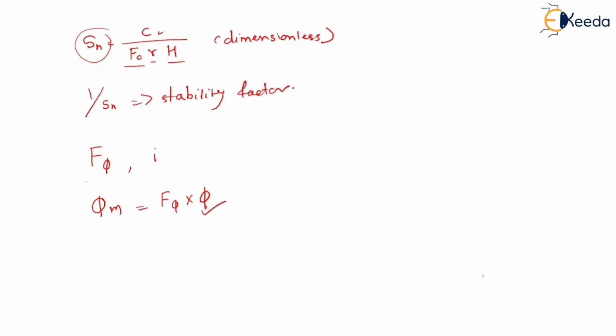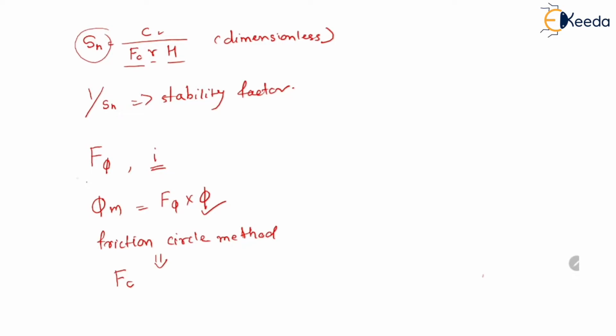Then he performed the analysis on the slope which is inclined at an angle i by the friction circle method, and then he obtained the value of Fc, that is the factor of safety with respect to cohesion.